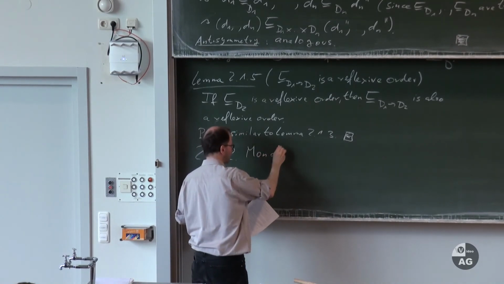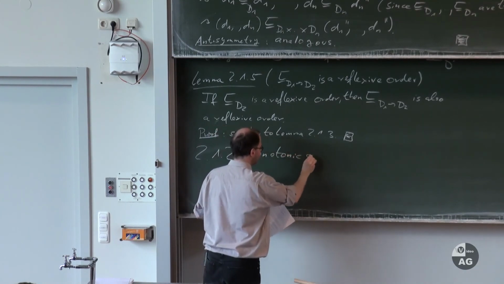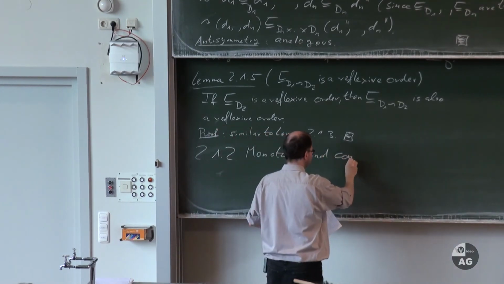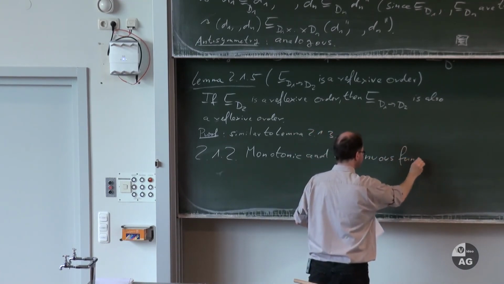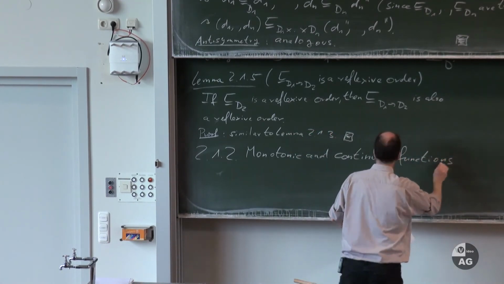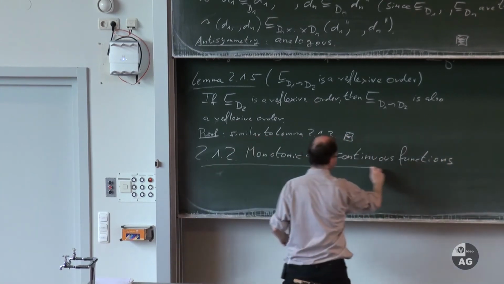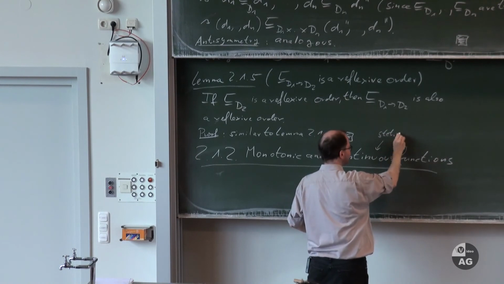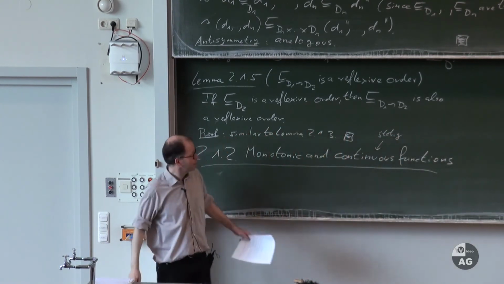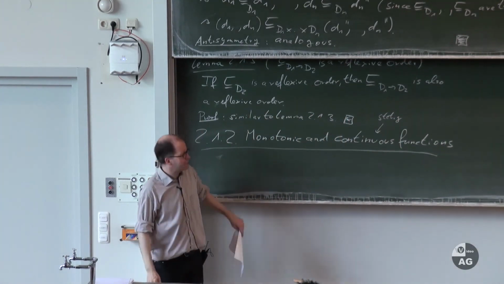So monotonic and continuous functions. The German translation of continuous is stetig. So I hope you have heard this before in your mathematics lectures.